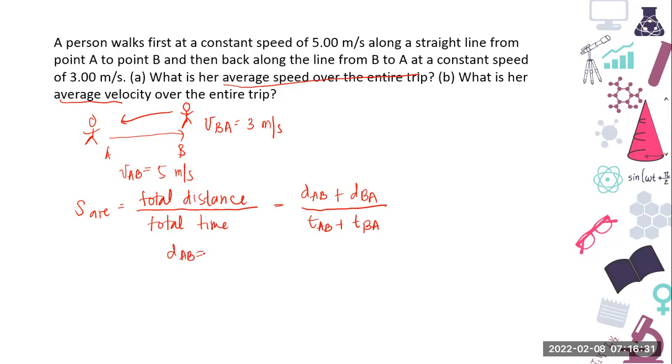It's just that the person going back walked slower, okay? So DAB is equal to DBA. We can just assume that it's D to simplify it. And then we can say that TAB is actually D over VAB, and TBA is equal to D over VBA.